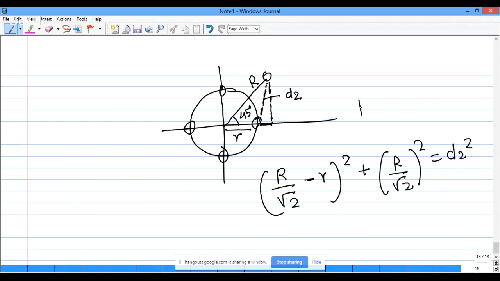And let me assume that R is some x times small r.